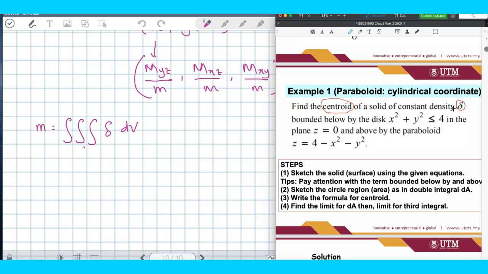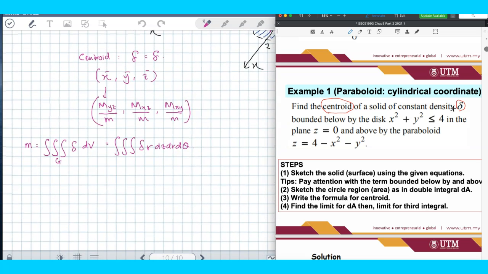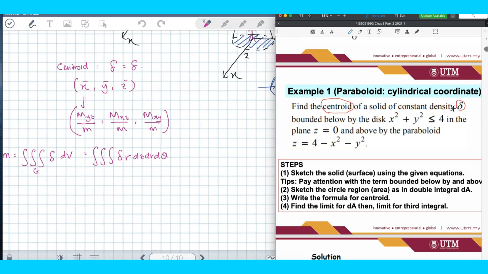Now we are using cylindrical coordinates to solve. So the density function is delta, and the formula for dV is r dz dr d theta. Now we want the limits of r and theta, which you can get from the region.